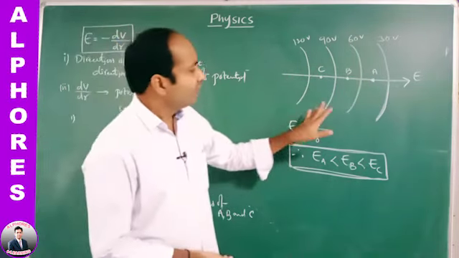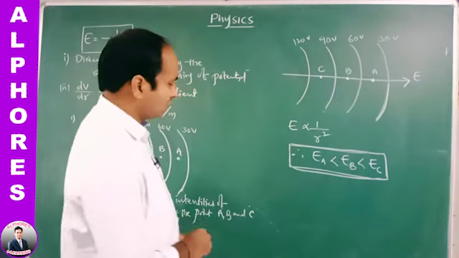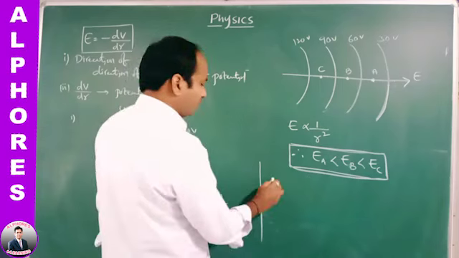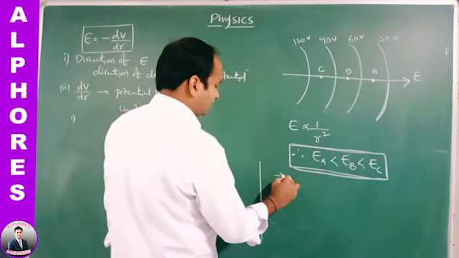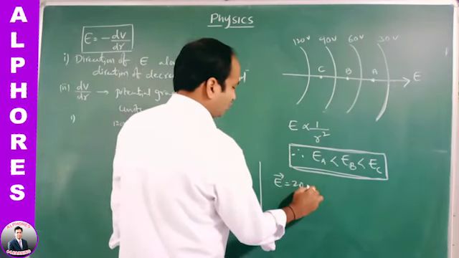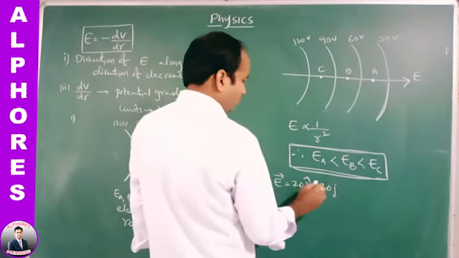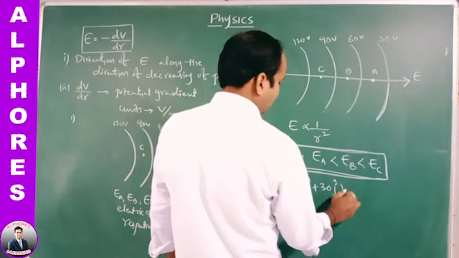Okay. Next, another question may be asked like this. In a uniform electric field, the intensity of the electric field is given as 20i plus 30j Newton per Coulomb.